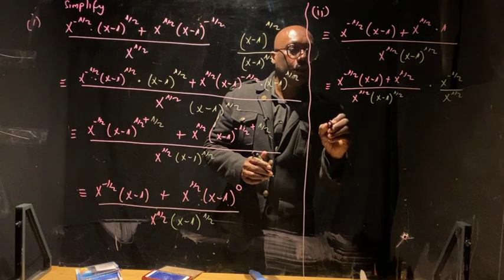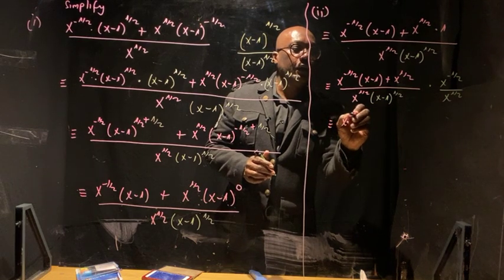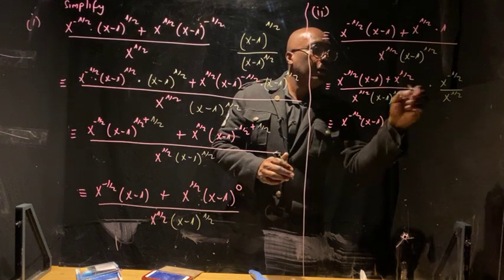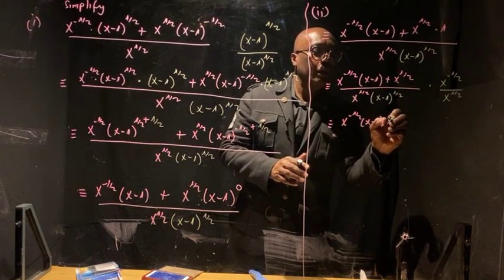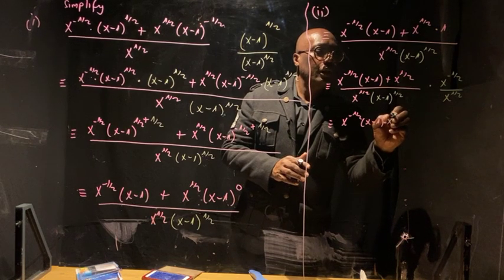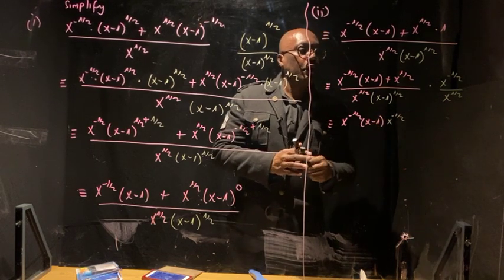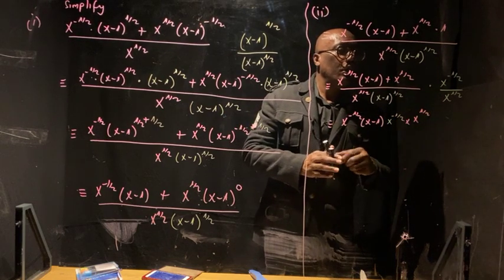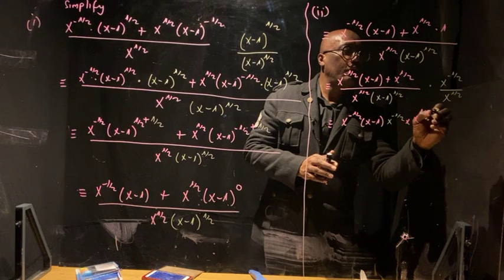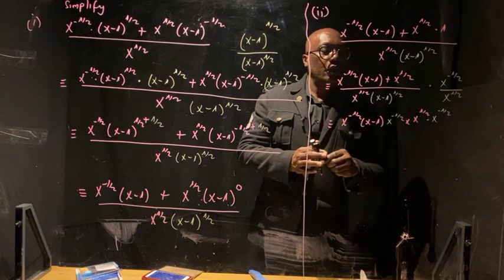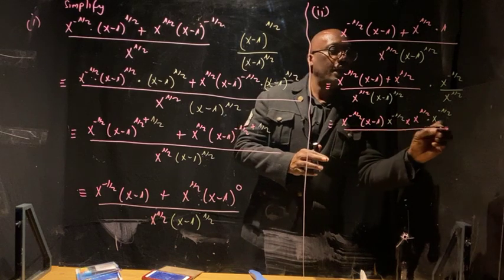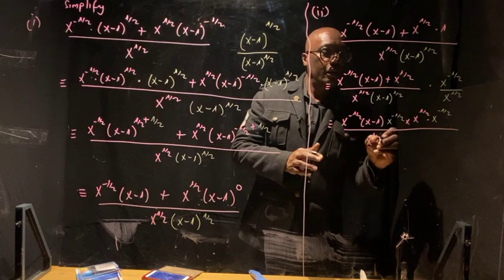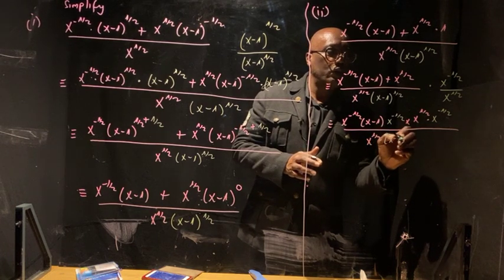So it becomes x raised to the power negative half, x minus 1, and then x raised to the power negative half plus x raised to the power half times x raised to the power negative half. Good. All divided by x raised to the power half, which is this one, multiplied to x minus 1 raised to the power half.